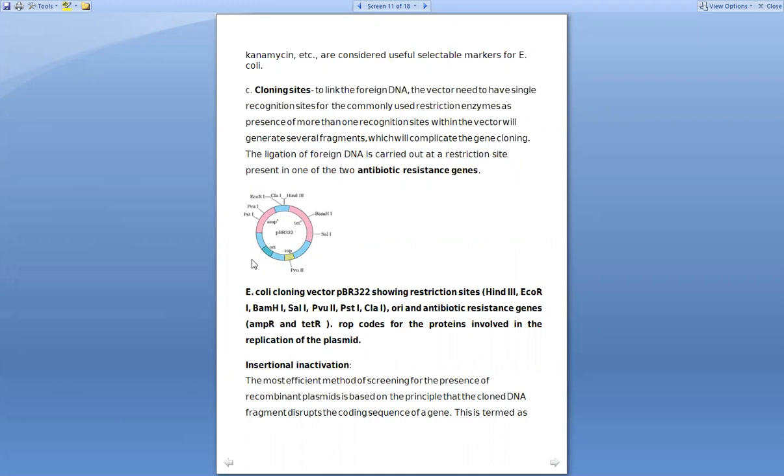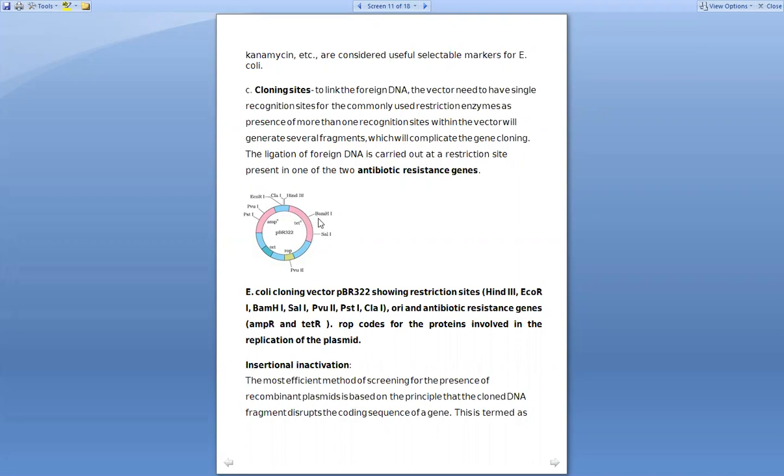Say we have taken our gene of interest from the foreign DNA. We have taken this E. coli cloning vector, pBR322, and there are two antibiotic resistant genes. First is ampicillin, second is tetracycline. Say I select the tetracycline resistant gene, where I cut at the BamHI site and the SalI site.